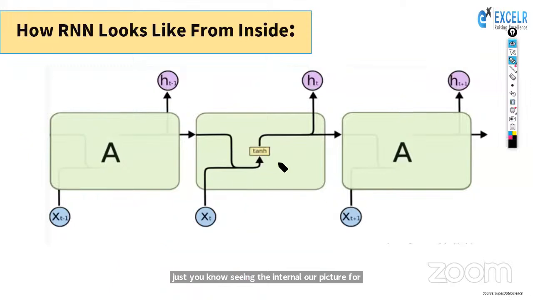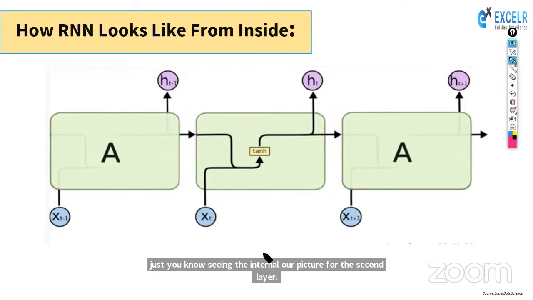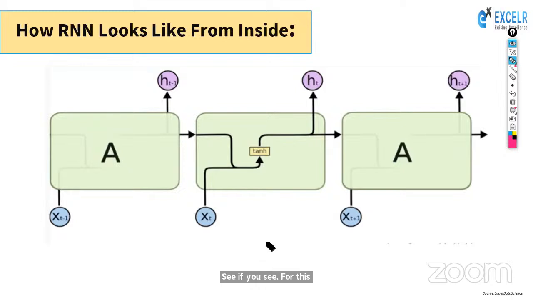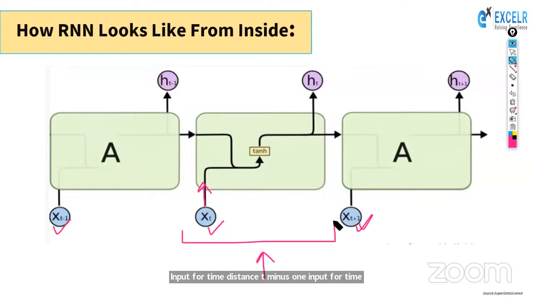For this second layer node, we are getting two inputs. The first is from the input layer. This X is the input: input for time instance t, input for time instance t minus 1, input for time instance t plus 1. So let's focus on this particular layer.